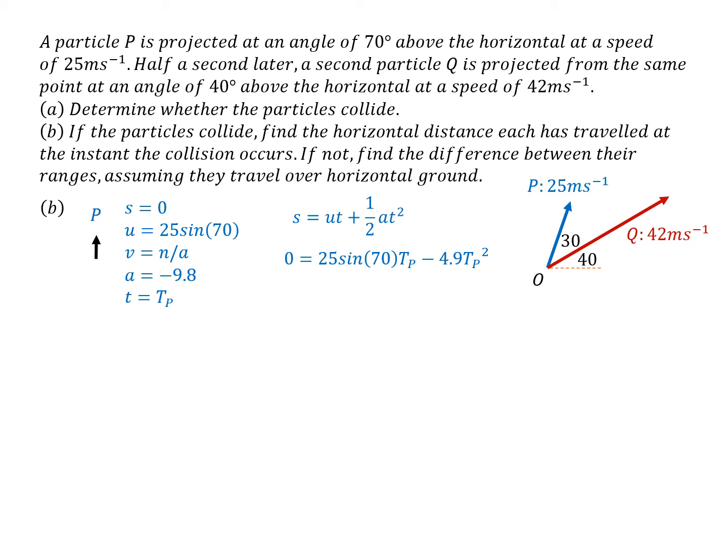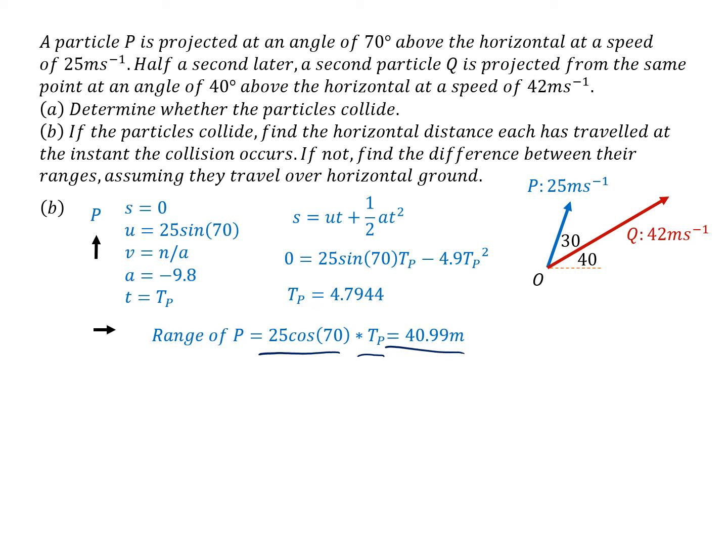We're interested in where it returns to the ground, and that is when tP is 4.7944. So we can work out its range by multiplying its horizontal velocity by that time. This horizontal velocity is 25 cos 70 multiplied by that time, which gives us a range for P of 40.99.